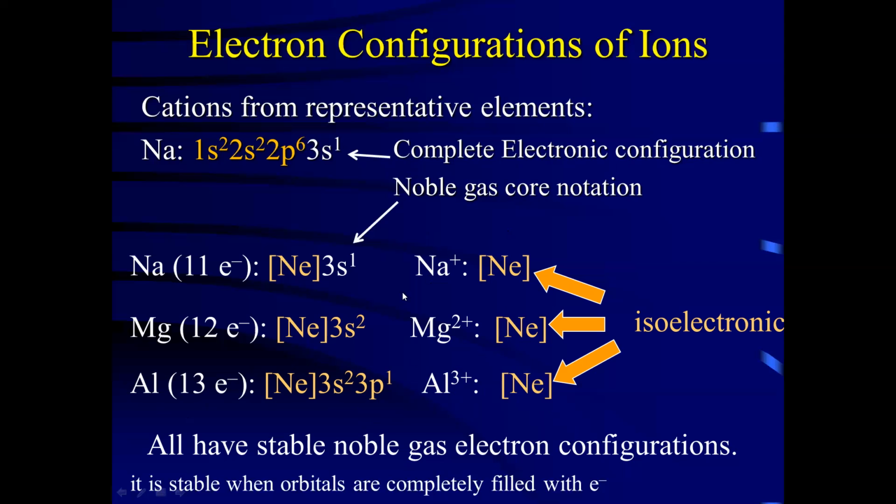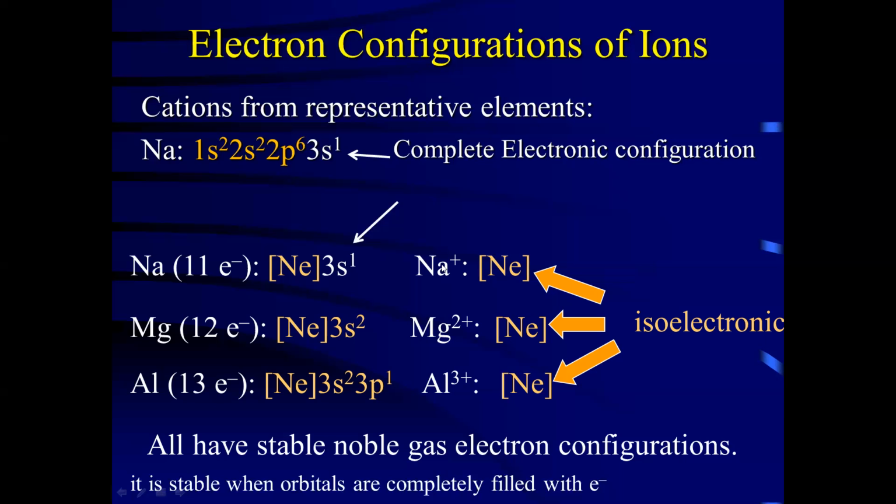So when you look at these 3, it's very interesting, right? They all have the same noble gas core notation. These 3 ions, sodium, magnesium, aluminum, we give a name: they are called isoelectronic.